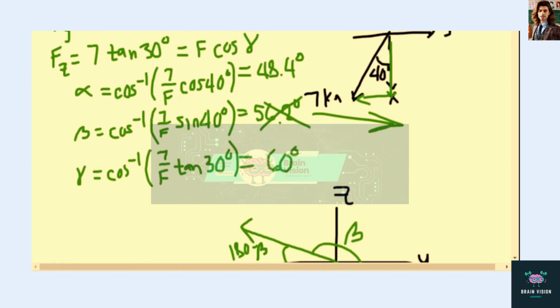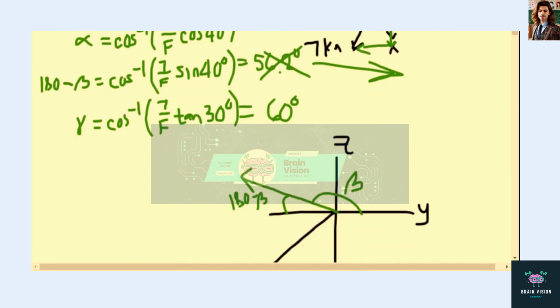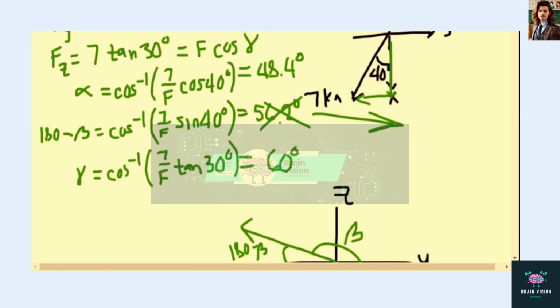And so we really figured out 180 minus beta. And so beta really is 180 minus 56.2, which is 123.8 degrees.